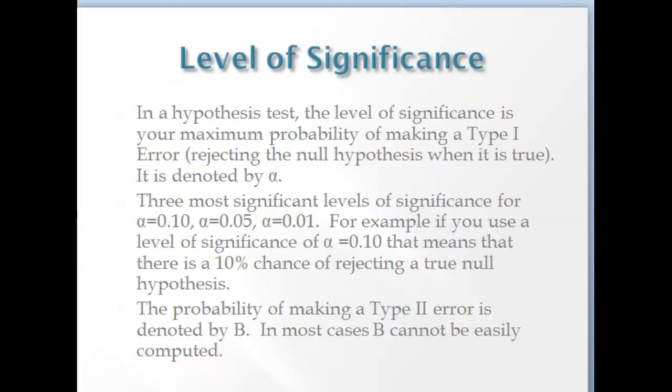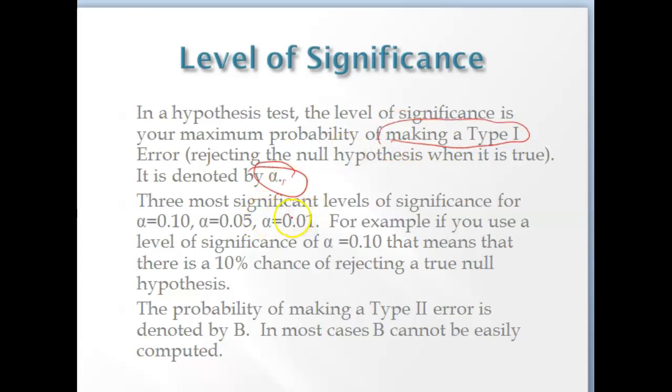Now, we're only going to be examining type 1 errors. And the type 1 errors are called alpha errors. That's where we run the possibility of rejecting a true null hypothesis. So alpha here is the level of significance, which is the maximum probability that you're going to assume in making a type 1 error.